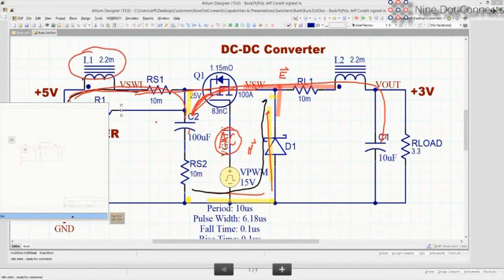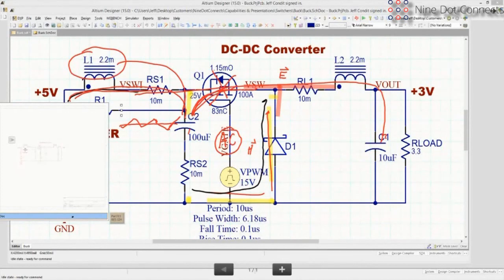So it will actually decrease a little bit in voltage. Now when Q1 turns off, L1 will continue dumping current into C2 and it will charge back up. So we end up having a ripple on C2. The net DC stays the same. The net charge, net voltage stays the same, but energy is rippling in and out of C2.